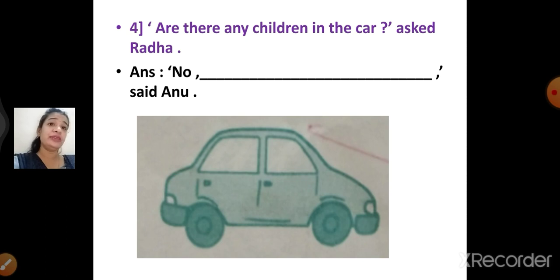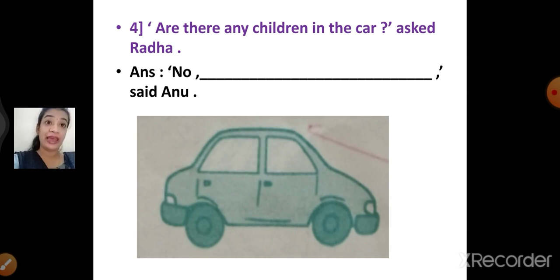Now the fourth one. Here you don't have to fill the blank, you just have to complete the sentence. Are there any children in the car? Asked Radha. Now you are going to write the negative sentence because nothing is there inside the car. So how are you going to form the sentence? You can read the question. Are there any children in the car?